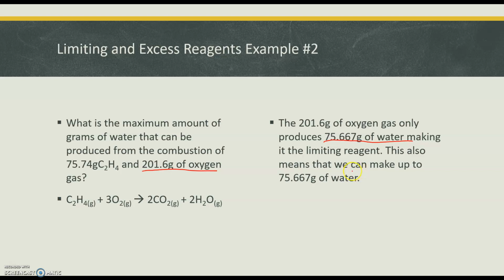What this means is that we can make up to this much water from this reaction. However, that is only going to happen if we have a 100% yield. So again, that percent yield.